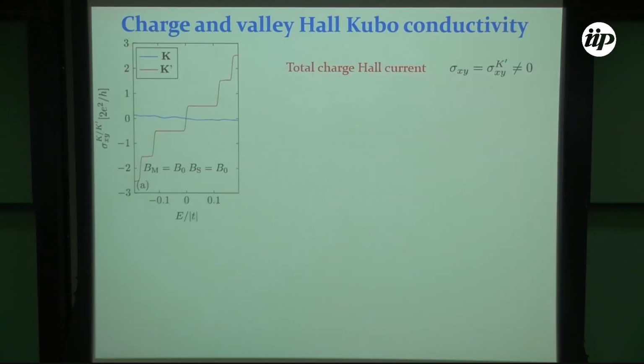So now the question is what happens, and can we measure some signal in case we have superimposed these two, the magnetic field and the pseudomagnetic field, which is exactly the situation here. And here we see that the valley resolved conductivity is completely different. In this case, where there is no magnetic field, we have zero signal, more or less.